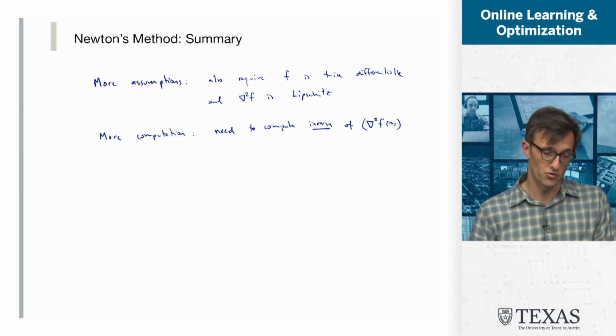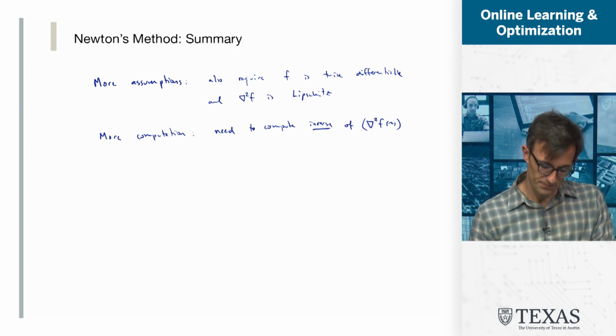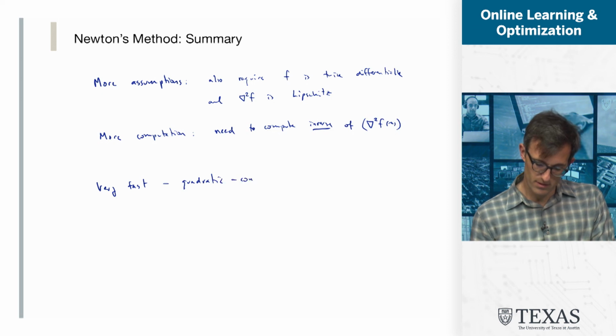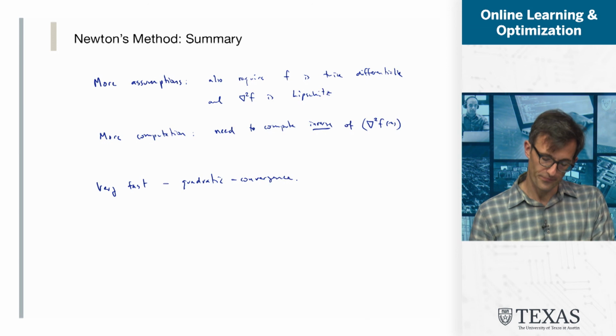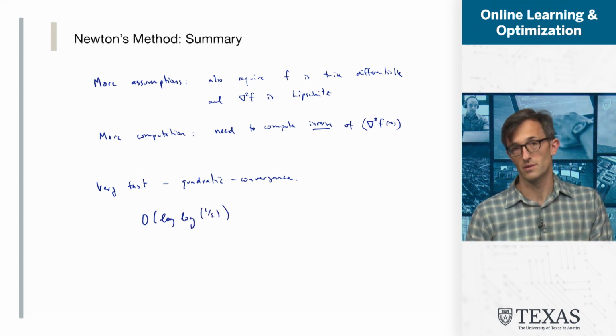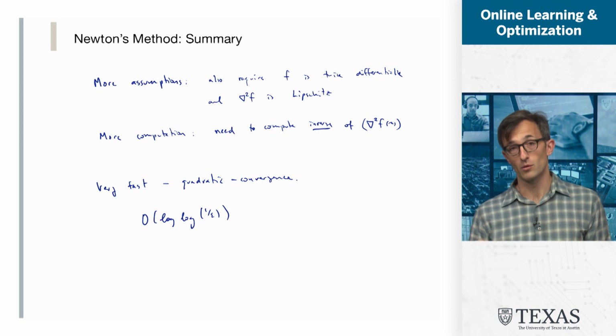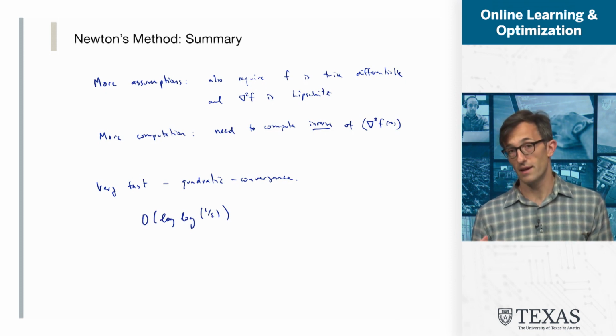On the other hand, if I have these more assumptions and I'm willing to pay more computation, the payoff is potentially dramatic. So we have very fast, namely quadratic convergence. And to remind you, that means that I need order log 1 over epsilon iterations of Newton's method once I'm in the quadratic phase in order to get error epsilon.